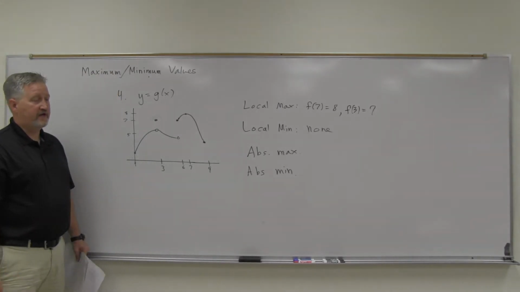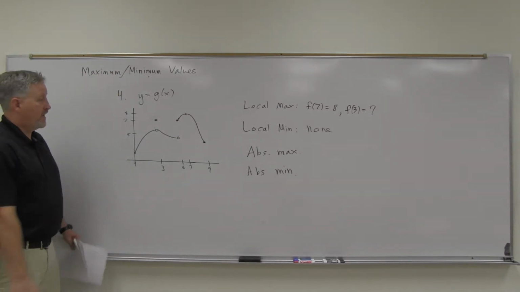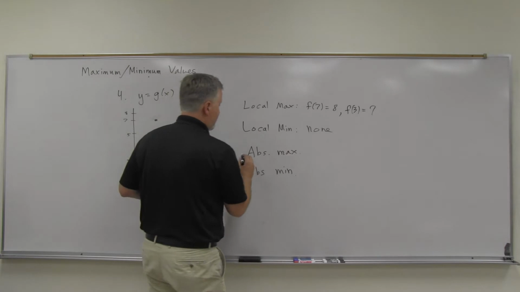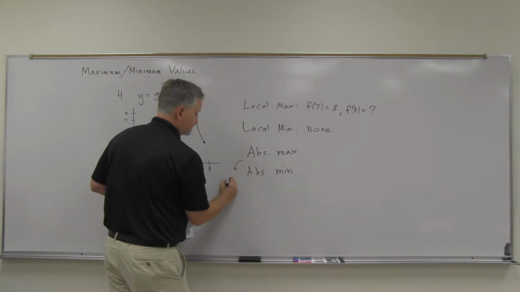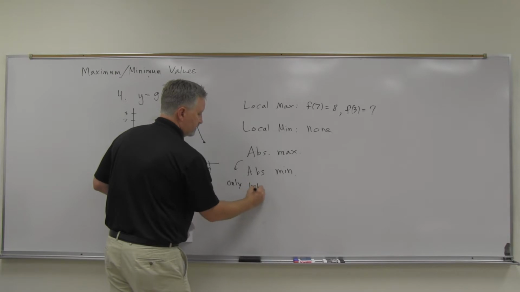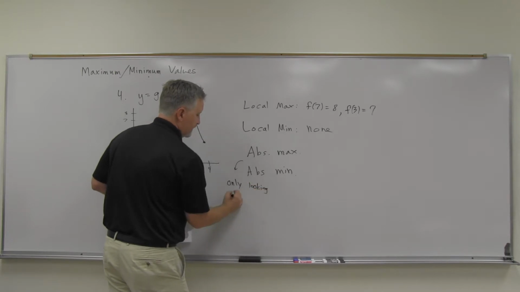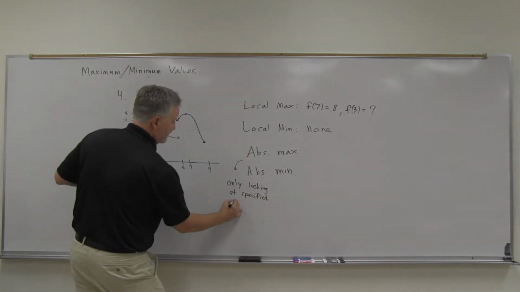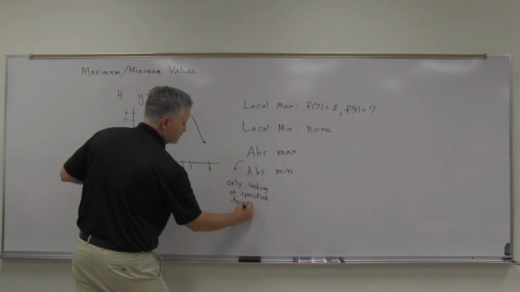And in this particular case, the specified domain is 0 to 9. So for these, remember on absolute max, we're only looking at the specified domain, which in this case is specified because of the graph. The specified domain is 0 to 9.